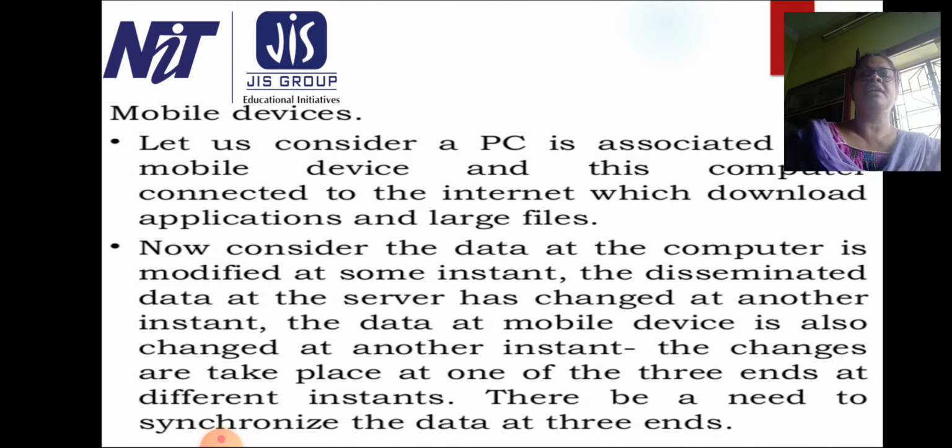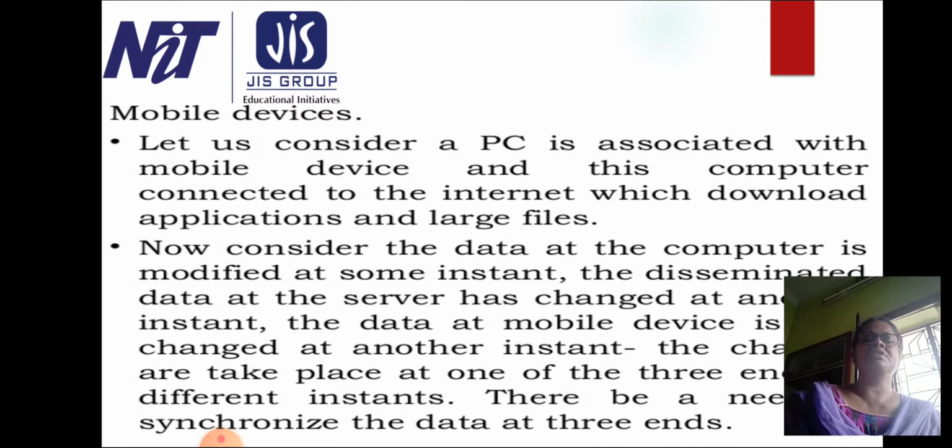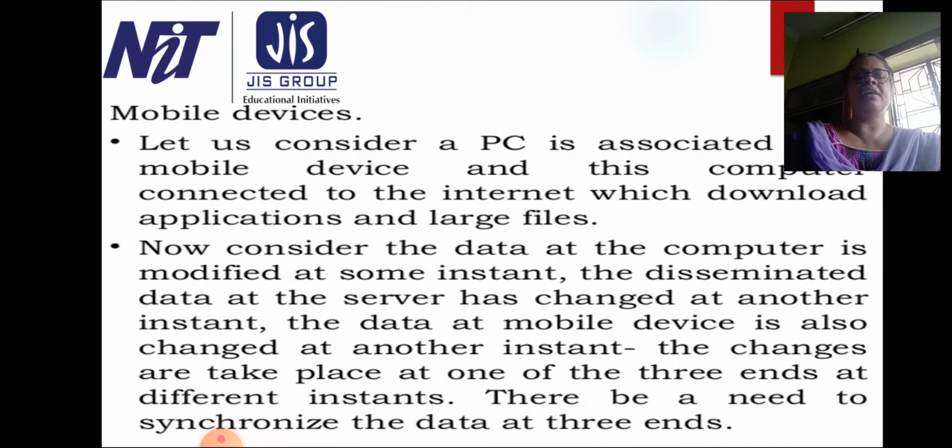Let us consider a PC which is associated with a mobile device, and this computer is connected to the internet, which downloads applications and large files. Now consider the data at the computer is modified at some instant, the disseminated data at the server has changed at another instant.